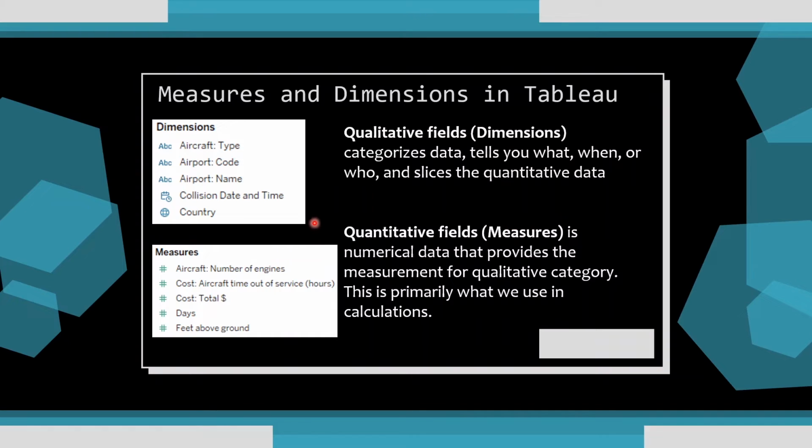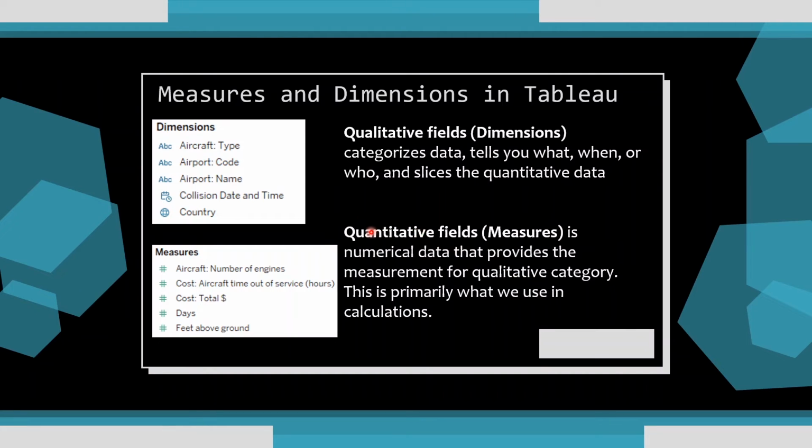And then you have quantitative fields, which are measures in Tableau, and it's numerical data that provides the measurement for a qualitative category, and this is primarily what we use in calculations.